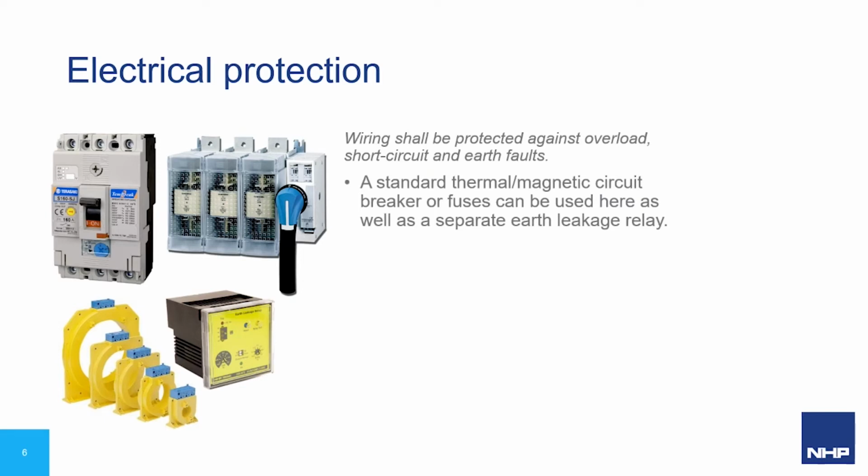Now, in this case, a standard thermal magnetic circuit breaker can be used here, as well as a separate earth leakage relay for the short circuit and earth fault protection. Now, these do not necessarily need to be hazardous area rated products, provided they are installed according to the standards, in which case you would either install these outside of the hazardous area, which may or may not be practical, or within a hazardous area rated enclosure, such as an EXD flameproof or EXT dust exclusion enclosure based on the area.